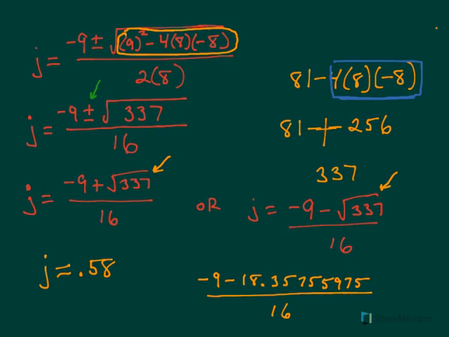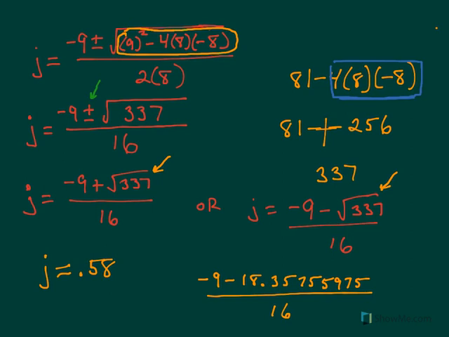So let's go -9 minus that square root of 337 number. And you should get -27.35755975. Divide that by the 16.